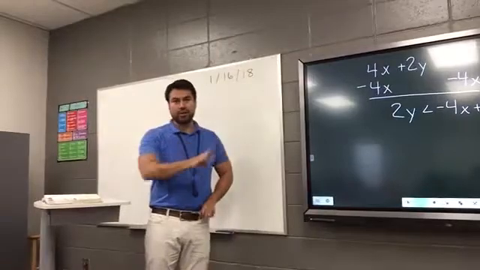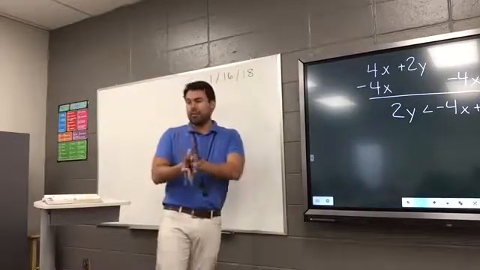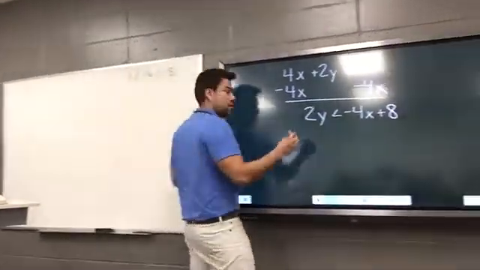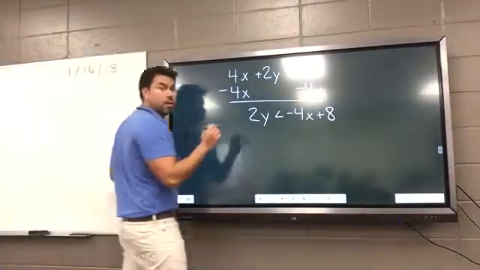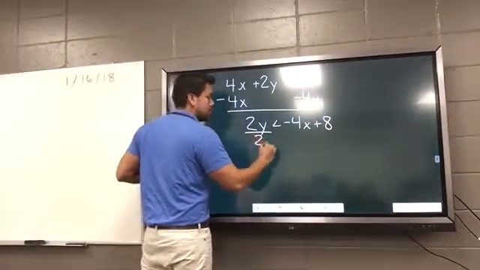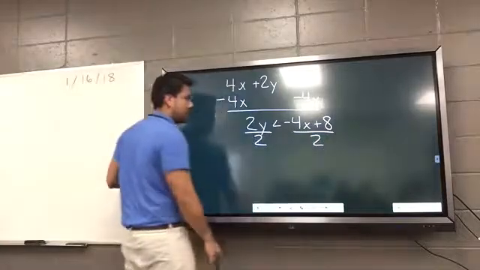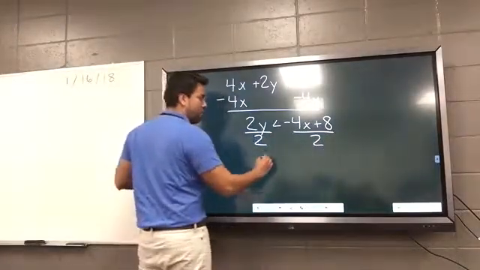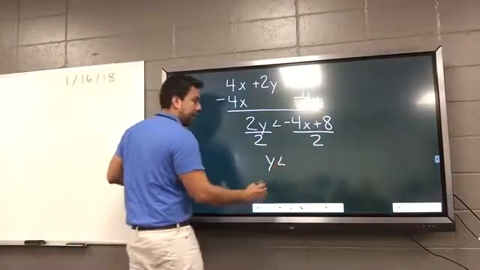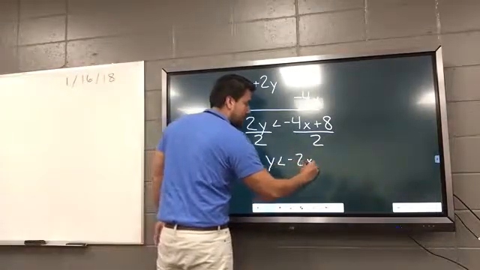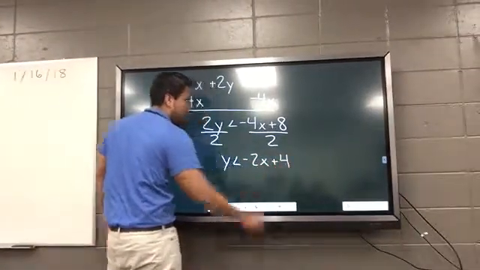Are we done here? No, because I still want y by itself. So what do I do now? Divide by 2. I think that might be the most common thing people do. So here I get y is less than negative 2x plus 4.